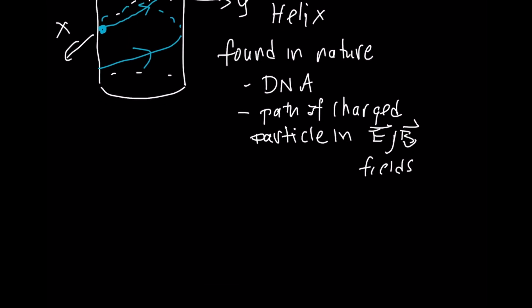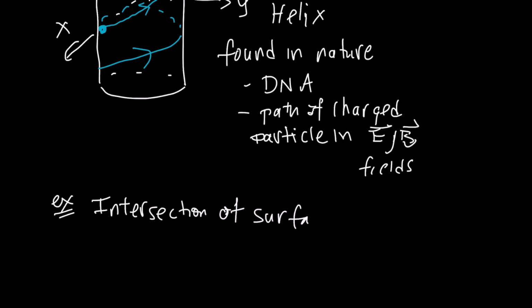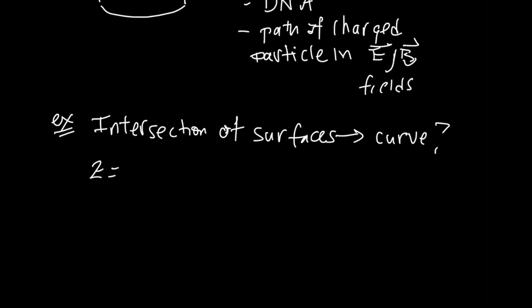Another useful application of this idea is the intersection of surfaces. Now, when surfaces intersect, they will generate some sort of curve. What curve? So, for example, the surface described by this is an elliptic paraboloid, so it's a bowl shape.